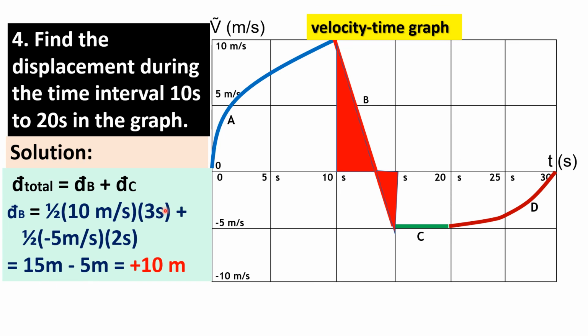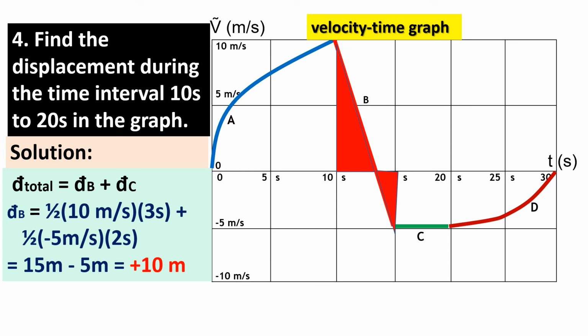For the small triangle, the area bounded by the remaining graph line B is in fact negative 5 meters. So 15 meters minus 5 meters is positive 10 meters. This is what we call the displacement from 10 seconds to 15 seconds.